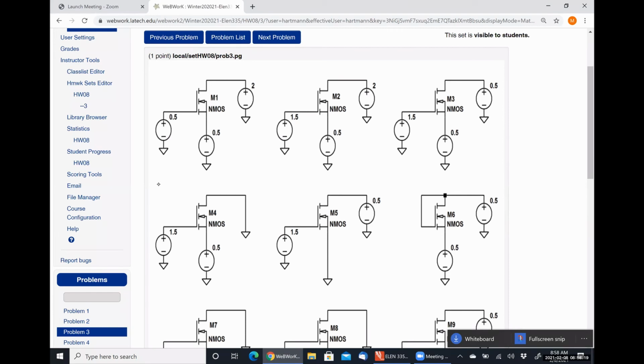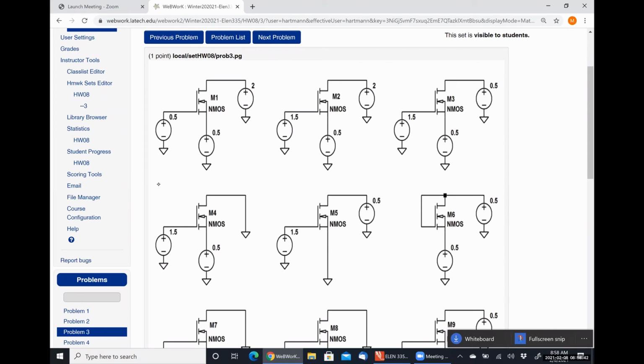I disagree. It's 0. 1/2 of a volt minus 1/2 of a volt is 0, right? So if VGS is 0, is it less than our threshold voltage of 0.4 volts? Yes. So what mode is this guy working in? It's off. Okay, easy enough.